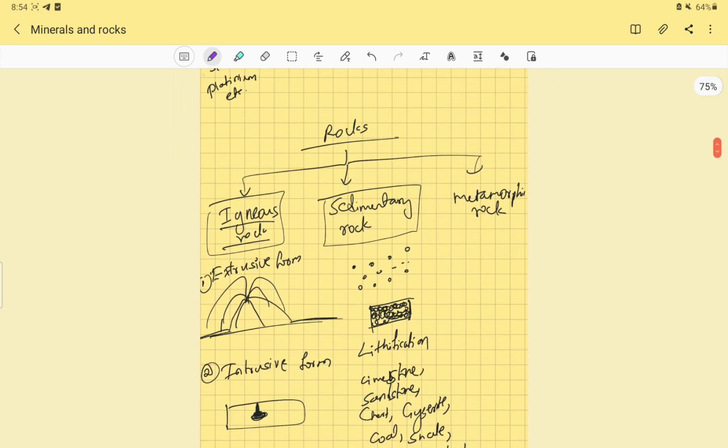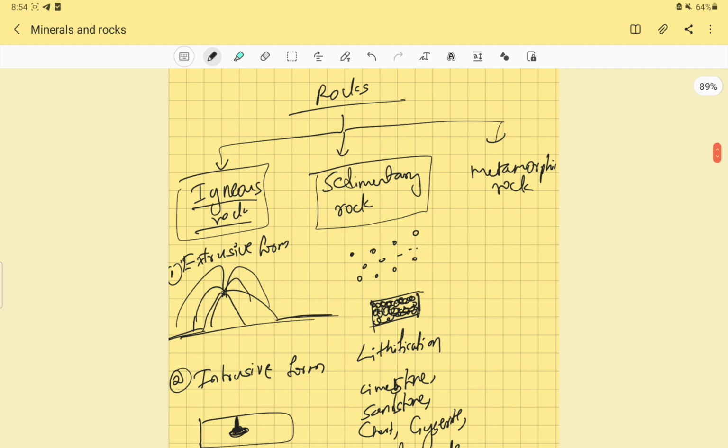Now let's move to metamorphic rock. What is metamorphic rock? Metamorphic rock is formed out of a present rock that undergoes recrystallization, like a change in form. Say there is a rock here. This rock undergoes some recrystallization, like a change in form, and it forms some other rock, say this rock.